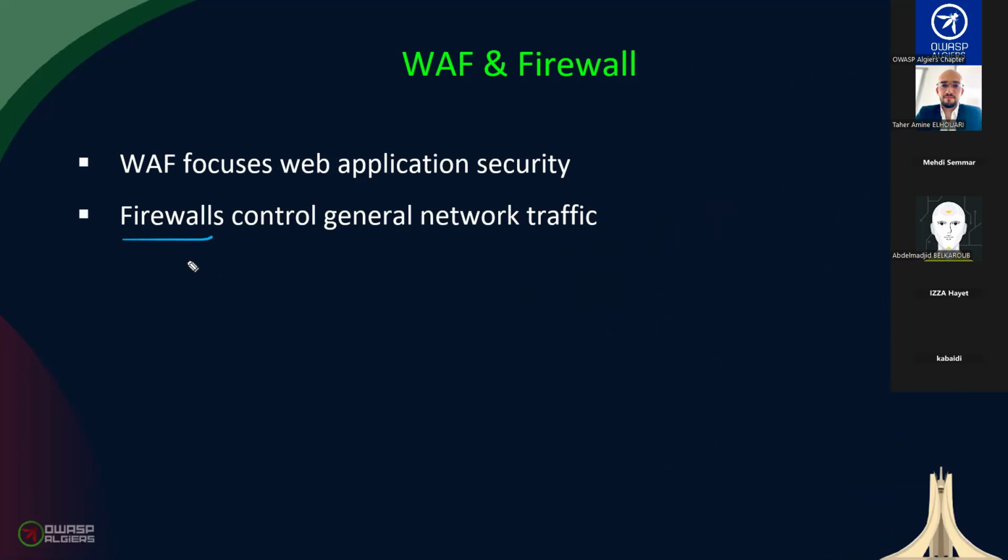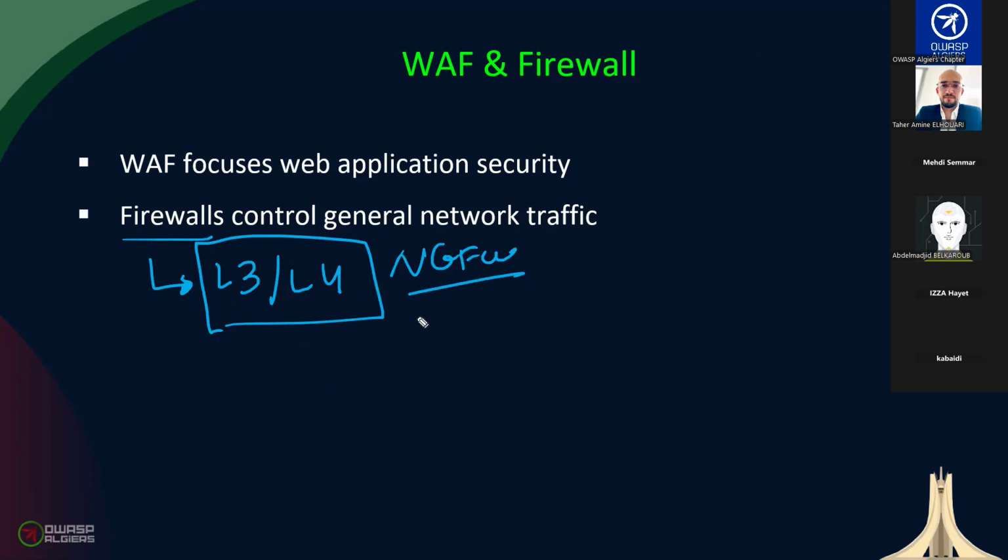We have next generation firewalls. We have today many vendors providing very important and very various capabilities when it comes to firewall. But whenever I'm talking about a firewall, I'm talking most importantly about layer 3, layer 4 firewalls. And of course, this is part also of the next generation firewalls that we are using today.